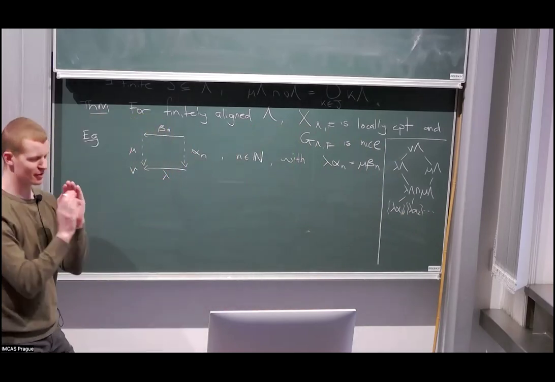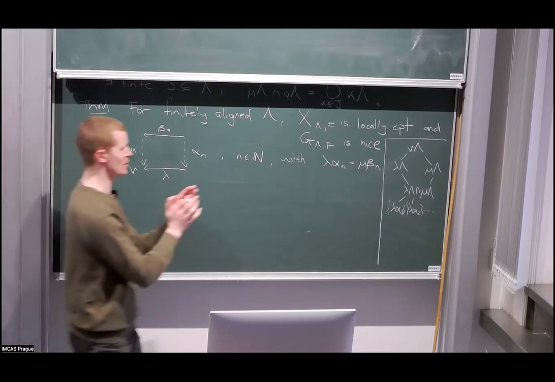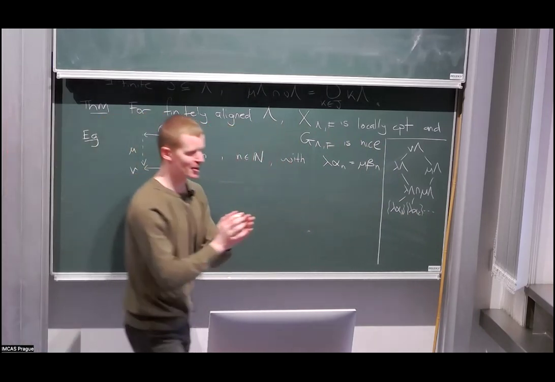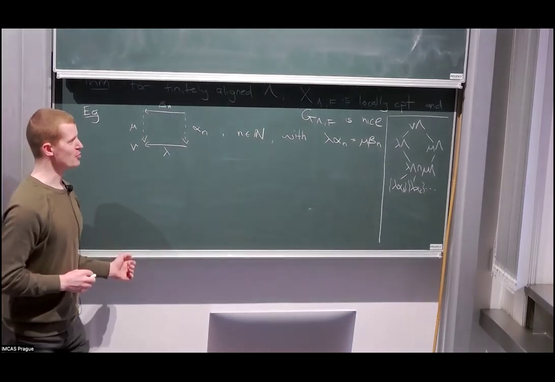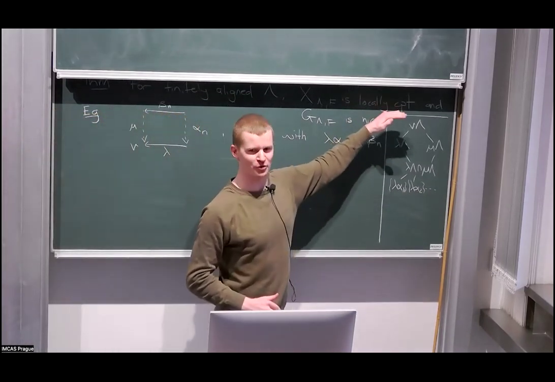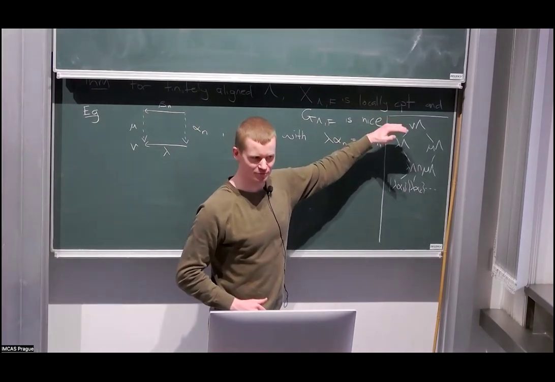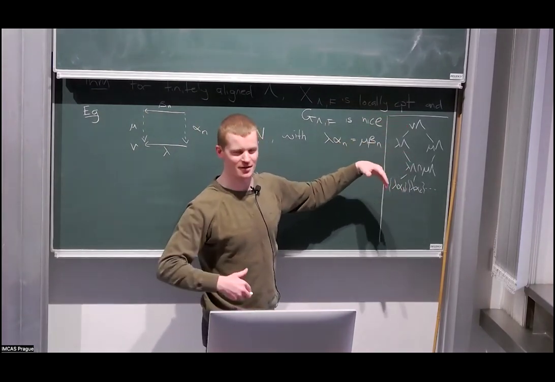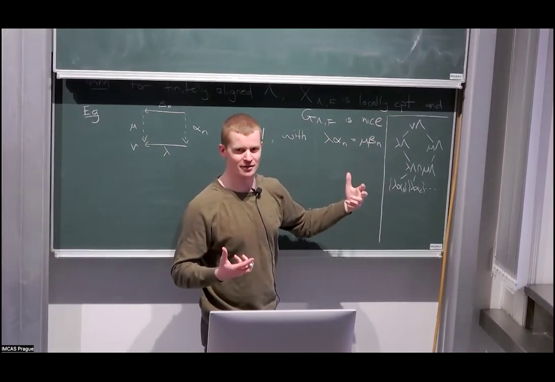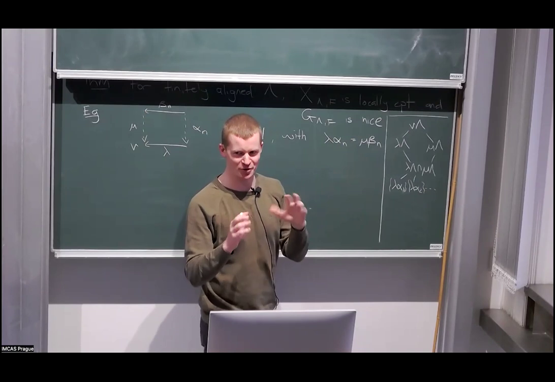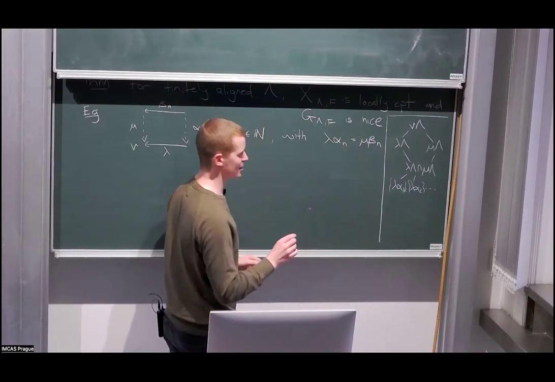What Spielberg shows is that if, instead of trying to make paths subsets of the graph itself, you look at filters of these partially ordered sets of ideals in the category itself, then you get a better notion of path for the non-finitely aligned setting.